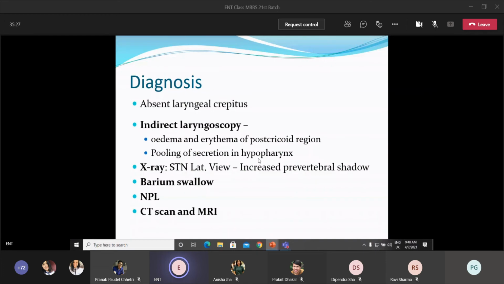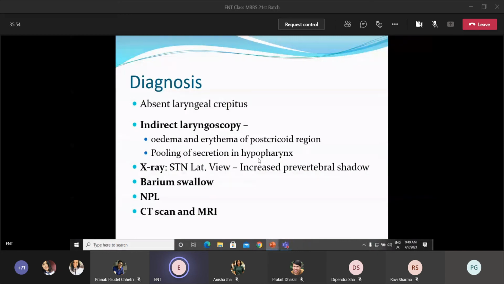Usually there is laryngeal crepitus present, but if there is a growth or a mass in the post-cricoid region, that laryngeal crepitus will be absent because that growth will hinder the posterior part of the hypopharynx from rubbing against the vertebra, and hence there will be no laryngeal crepitus.